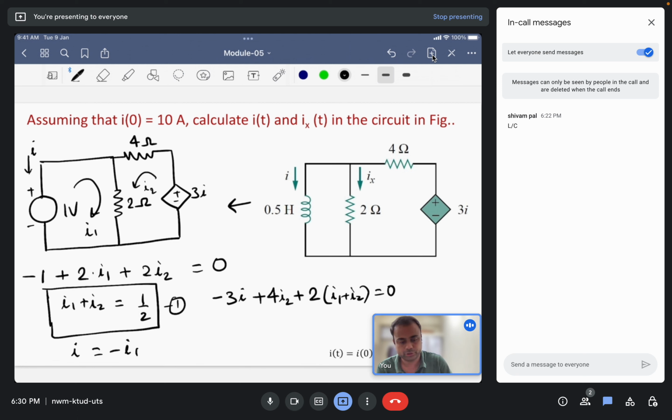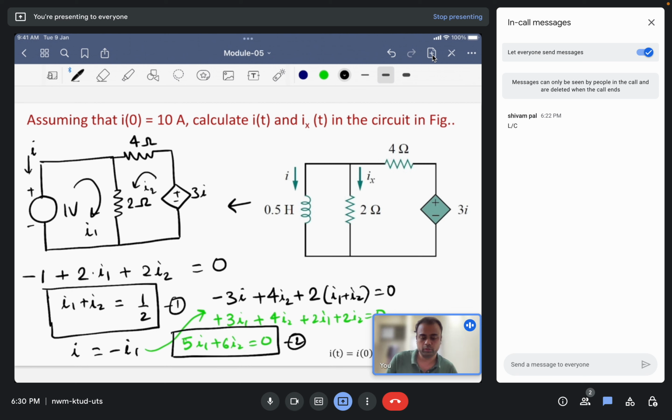We'll substitute I equals minus I1 here. So this will become plus 3I1 plus 4I2 plus 2I1 plus 2I2 equals 0. Let us simplify this. So this will become 5I1 plus 6I2 is equal to 0. This will be our equation number 2.